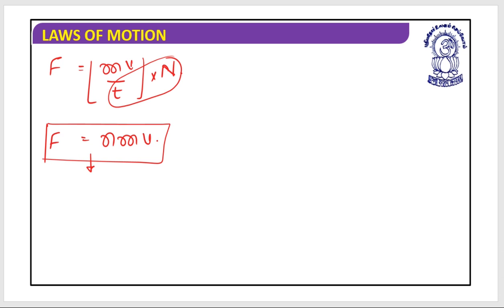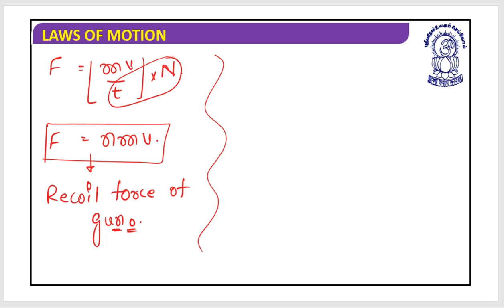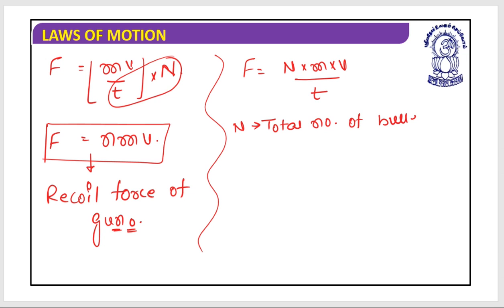This force is also called the recoil force of a gun. One more thing, you can also write F equals N into m into v divided by t, where capital N is the total number of bullets that has been fired.